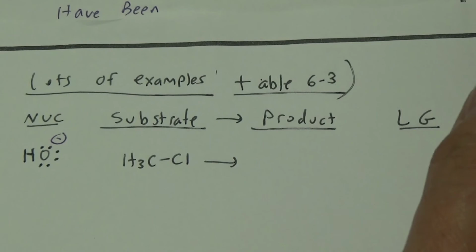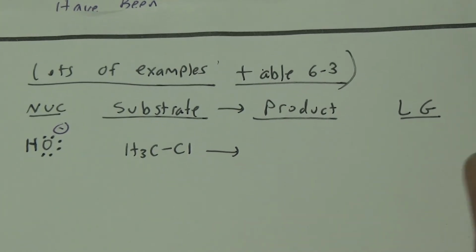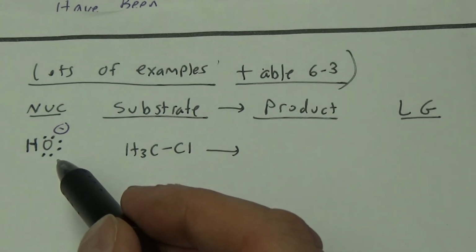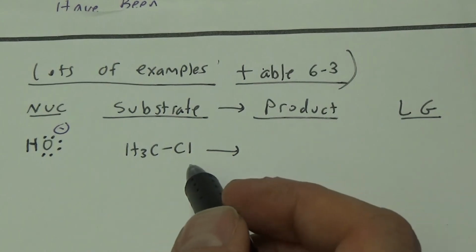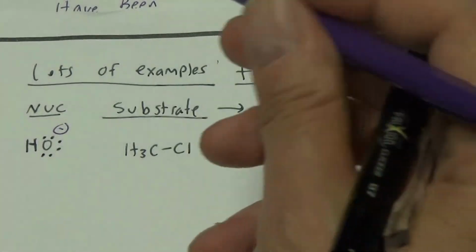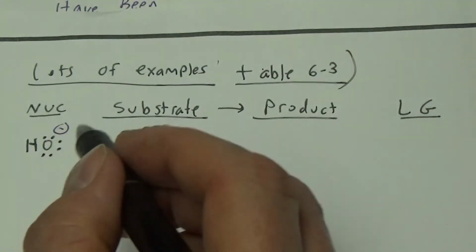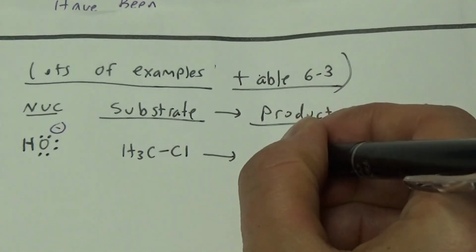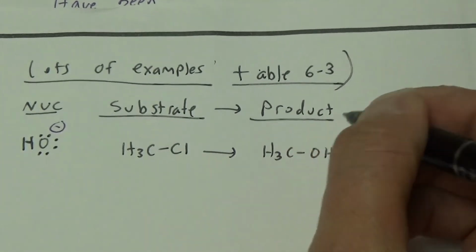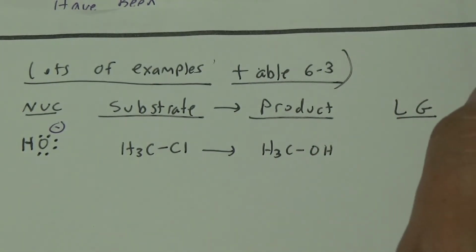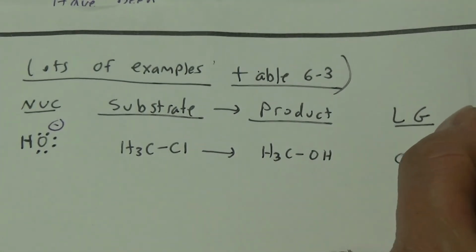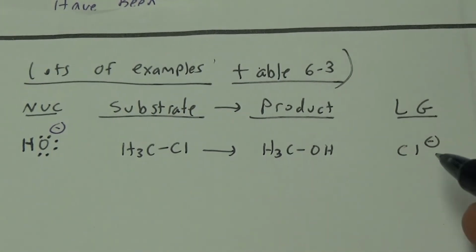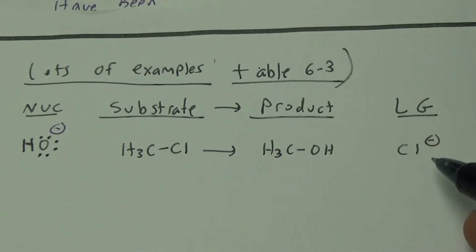And what is the product? If you imagine hydroxide, OH minus, attacking this, the nucleophile attacks the carbon, kicks off the chloride, and you get methanol, methyl alcohol. What's your leaving group? Cl minus. I'm going to skip all the lone pairs, but of course you have 4 lone pairs in chloride. Okay?